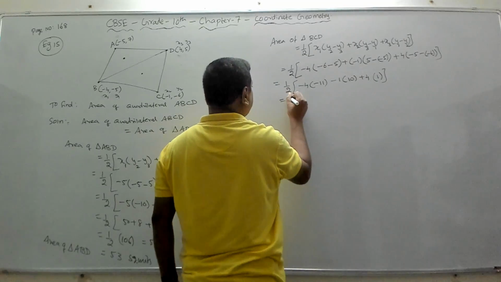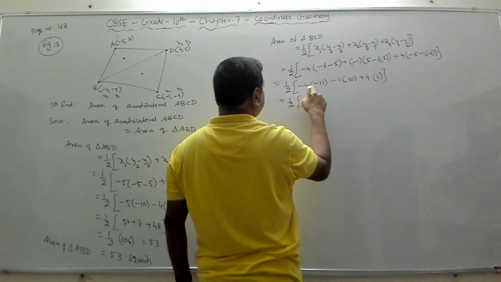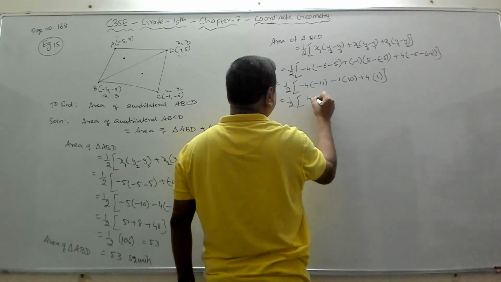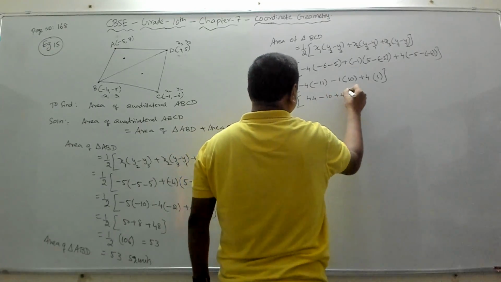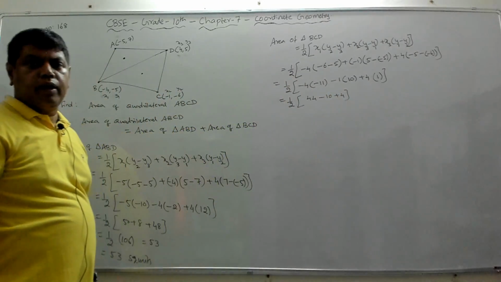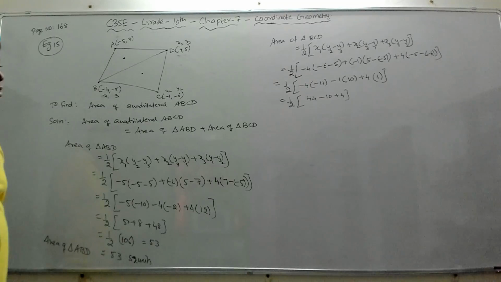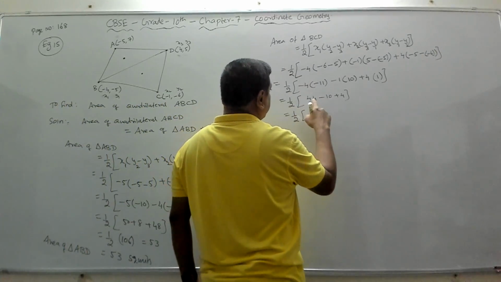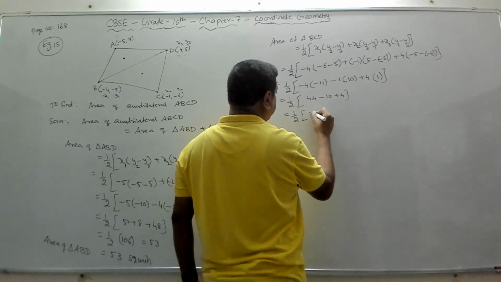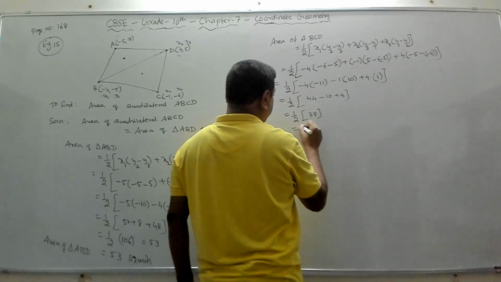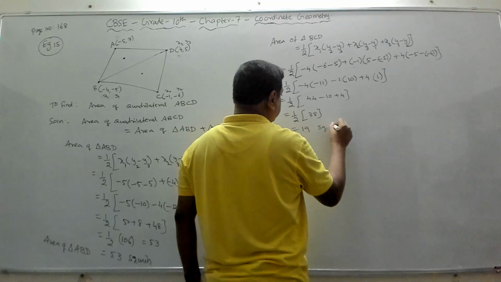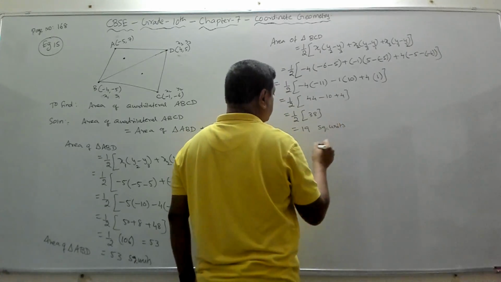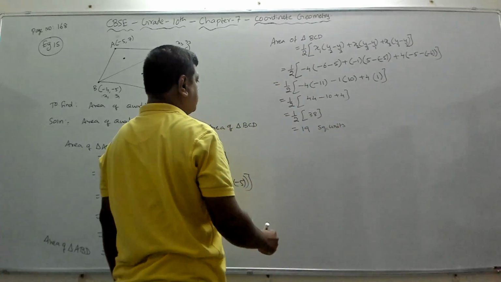So that is equal to 1 by 2 of the 4 11s are 44, minus 10, plus 4. Right? So what do we get? 1 by 2 of 34, 34 plus 4 is 38. That is equal to 19 square units. That is the area of the triangle BCD.